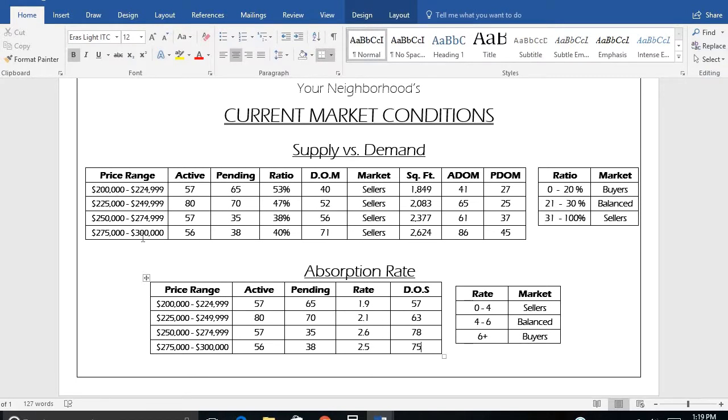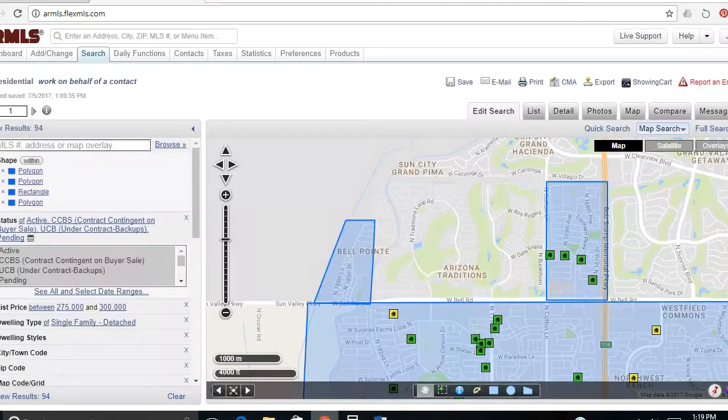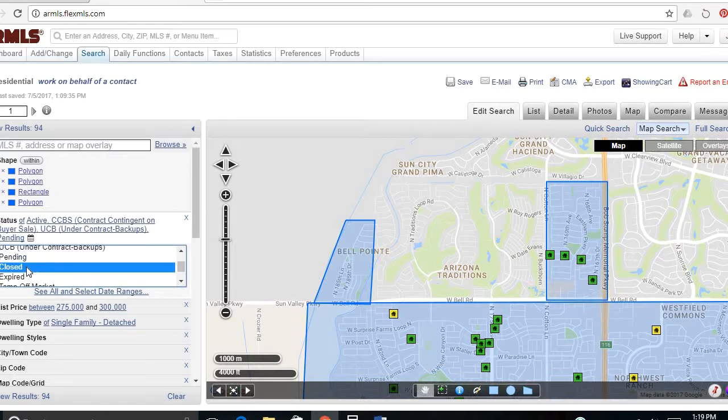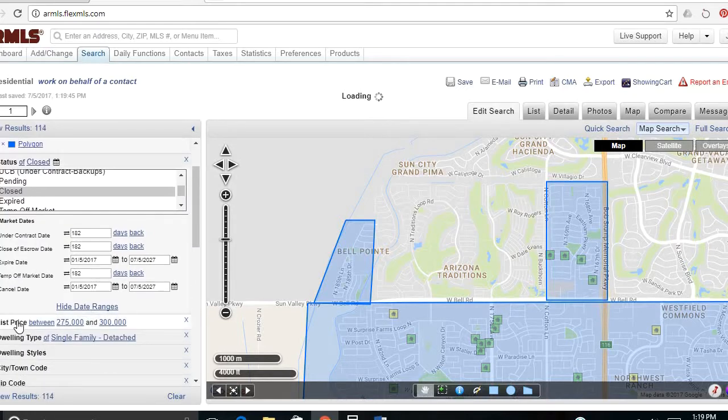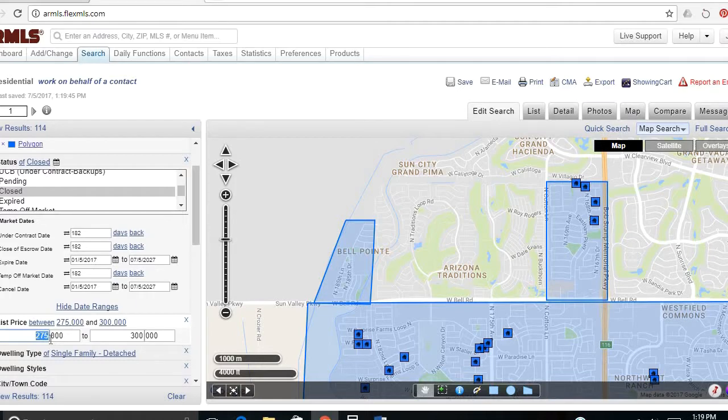We're also going to update our status because we only want closed properties over the last 6 months. Okay, so 182 days. Adjust our price point to be 200 to 300,000.